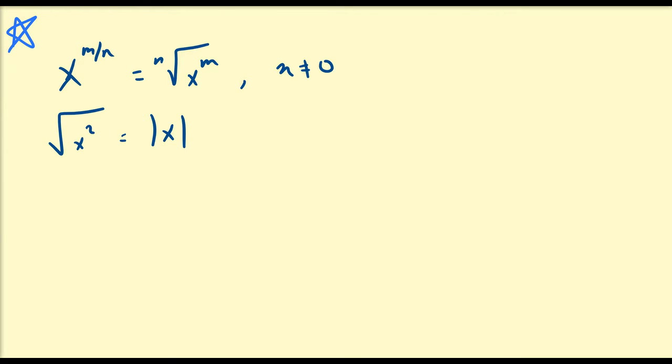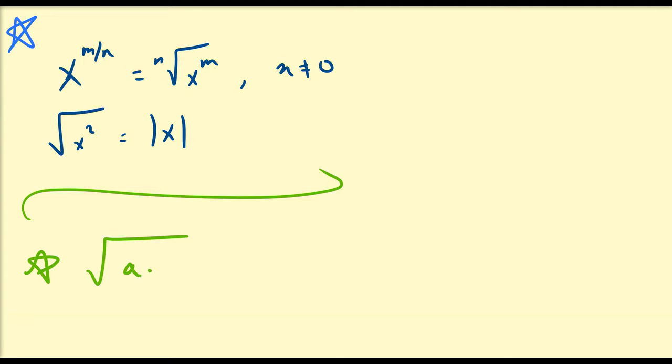Alright, so the first property of radicals that we're really going to investigate is one that some people tend to misuse on common occasions, and that is the expression the square root of a times b. So, of course, the square root is the same as writing a times b to the power of 1/2.